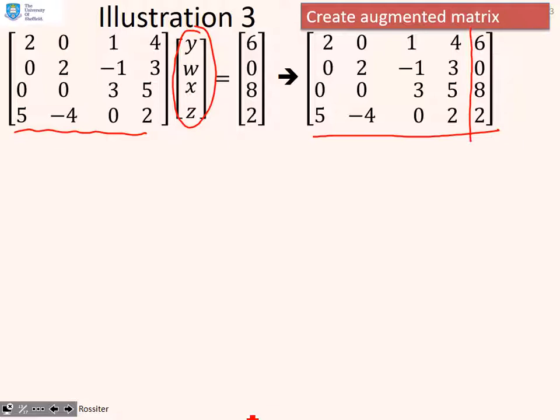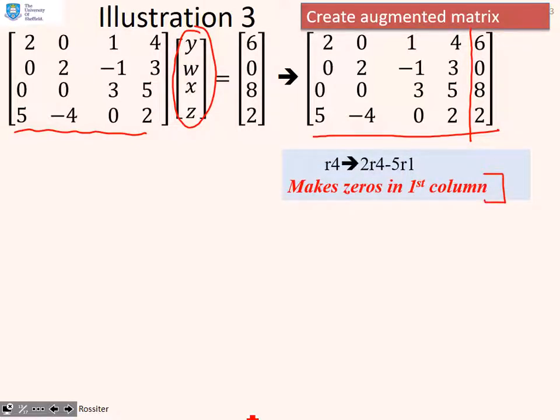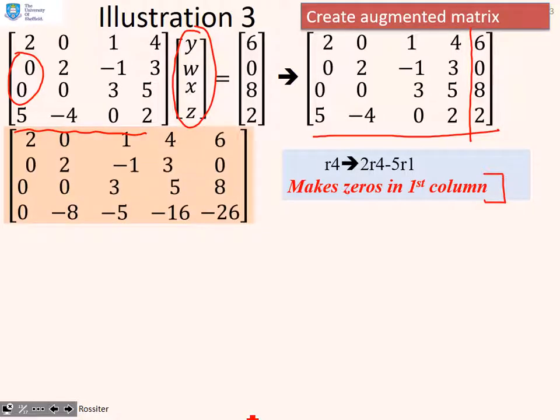So now I've got to look at the first column and say, how can I make zeros in the first column? So it's only row 4 I've got to deal with, because I've already got 2 zeros here. So row 4 goes to 2 row 4 minus 5 row 1, and there we go. You'll see we've now got zeros entirely in the first column.